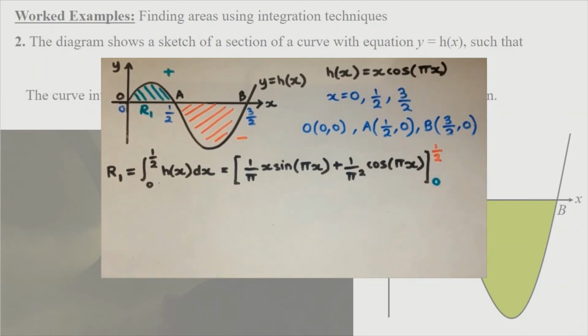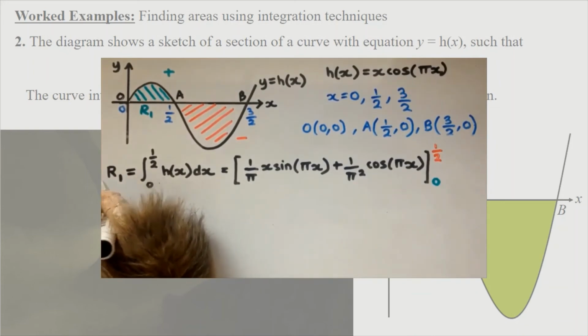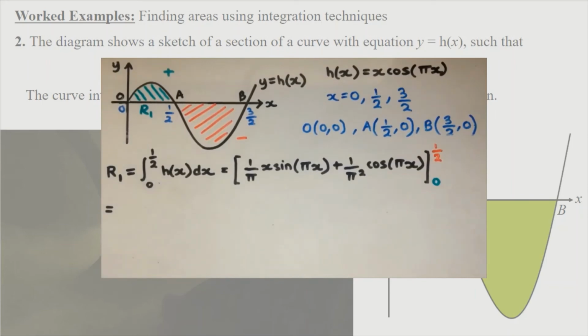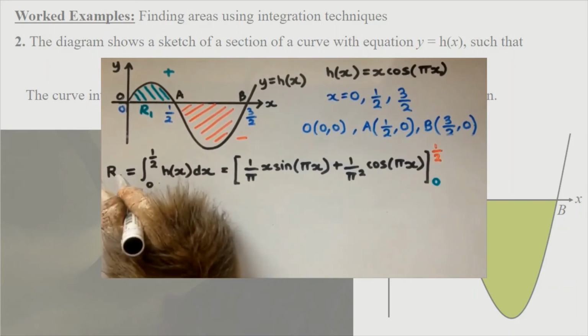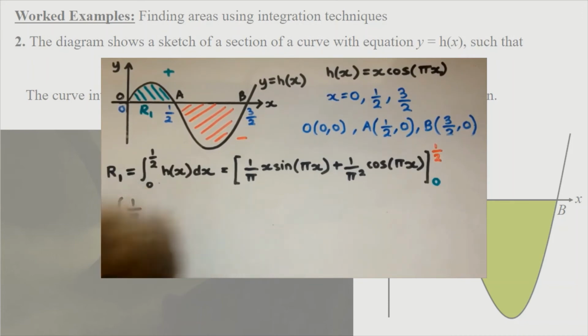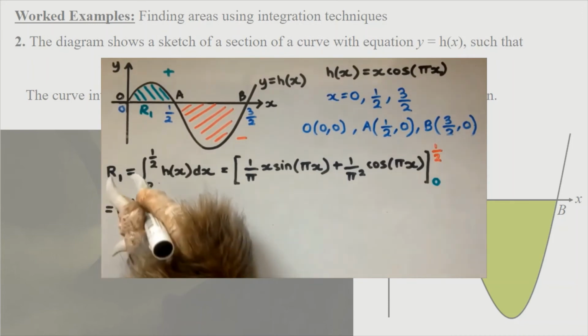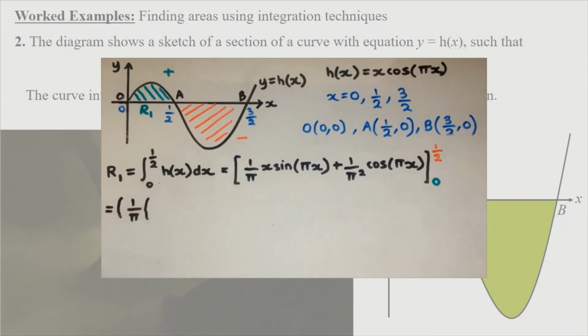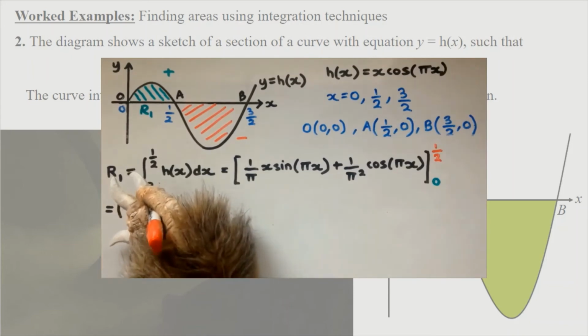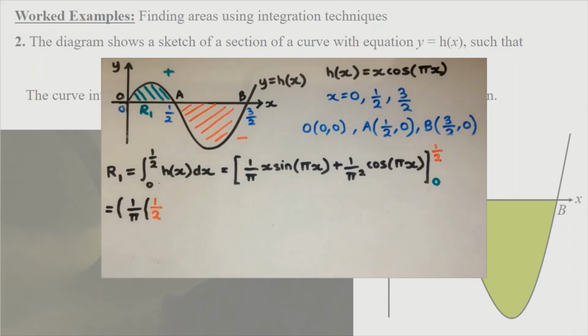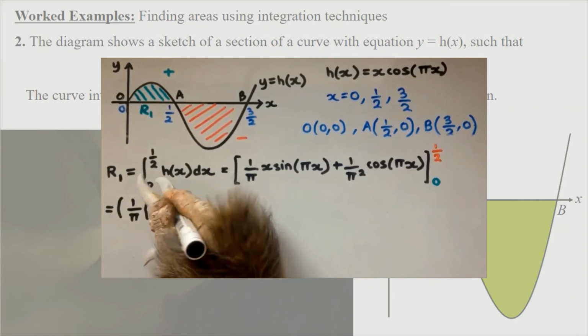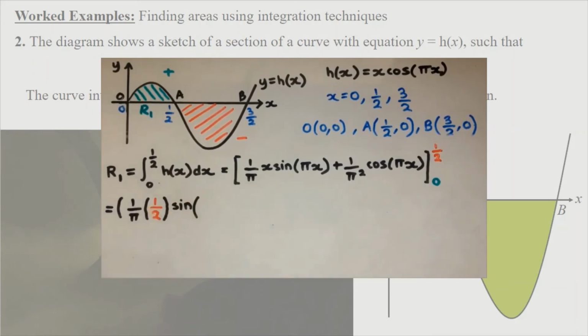Let's do this. So I'm going to drag this across so we have a bit more space. So this is going to equal, now we'll substitute in the upper limit, so curve brackets now, 1 over pi multiplied by 1/2, and then sine of pi x, so sine of pi times x, now it's going to be pi over 2.